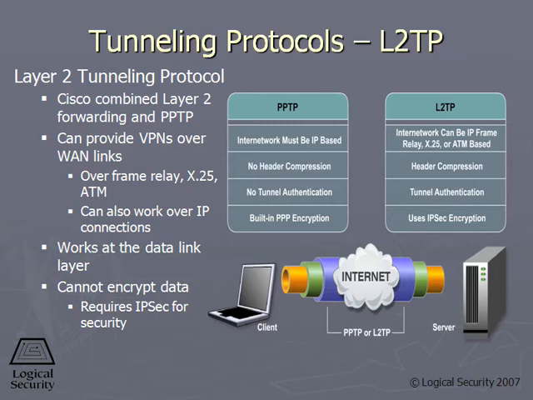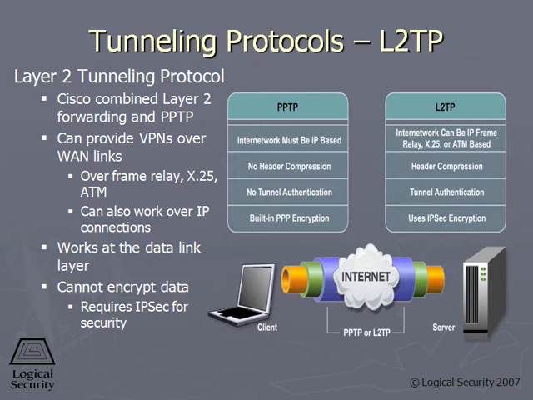Well, I said that PPTP and IPsec can only go over IP networks, like the Internet. But we have other types of networks that we will need to extend our VPN over. We have WAN links that we want to extend a secure connection over.